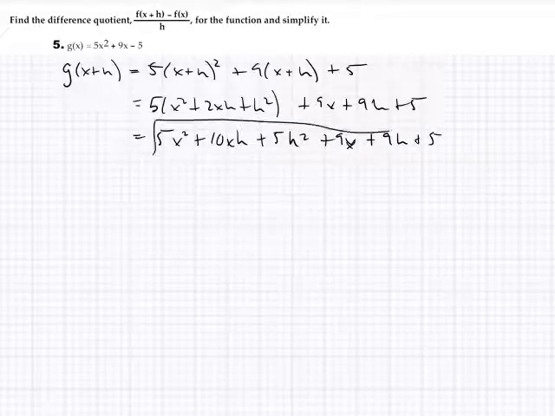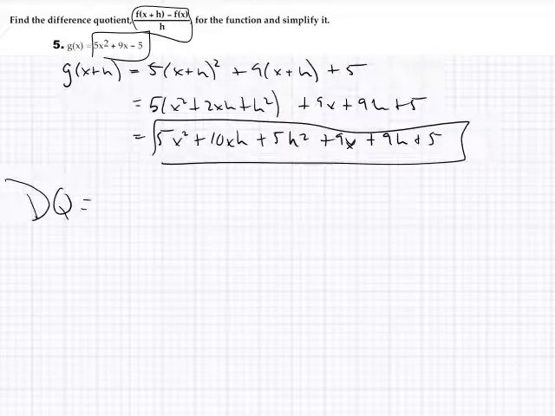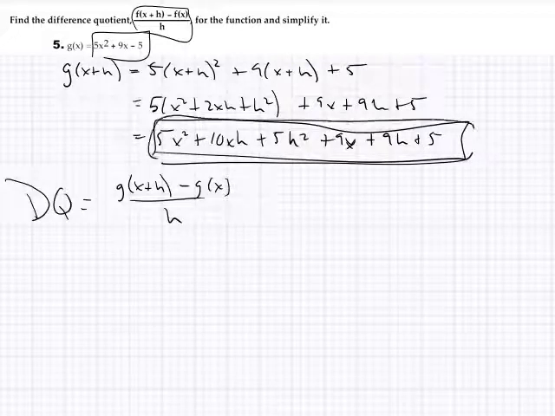Now that's your g of x plus h. Here's your g of x. Using the difference quotient formula, our difference quotient can be found using g of x plus h minus g of x all over h. So we're going to take this, subtract this from that, and divide by h.